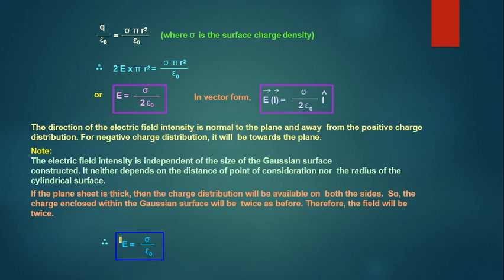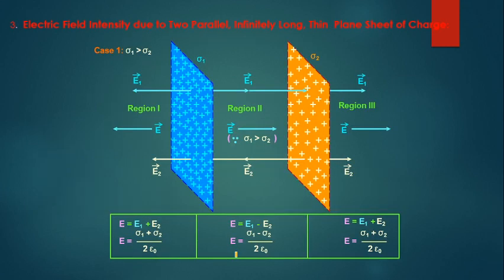The electric field intensity due to a thick sheet having a uniform charge distribution equals sigma divided by epsilon naught. Now, the electric field intensity due to two parallel, infinitely long, thin sheets of charge, having surface charge densities sigma 1 and sigma 2.